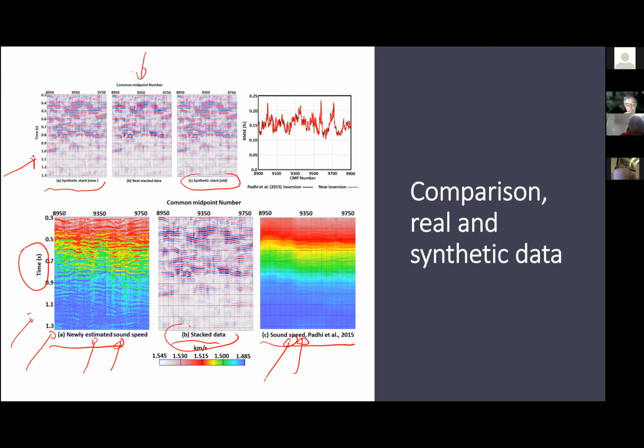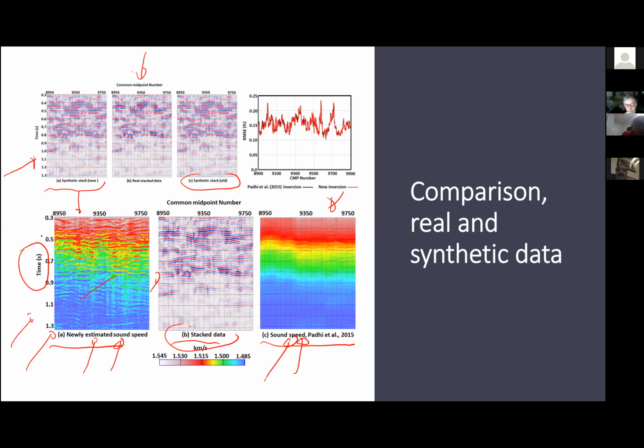The Padi et al. model is a good model, but because they used the horizons to guide it, it is a horizon-guided model, whereas this is a bias-free model which follows the features of the stack data. But both of them are good models.